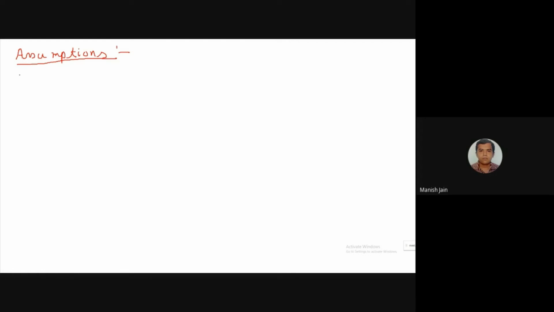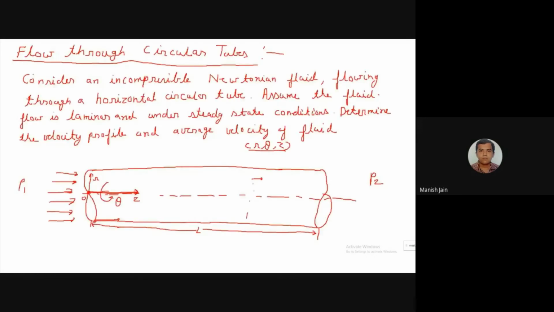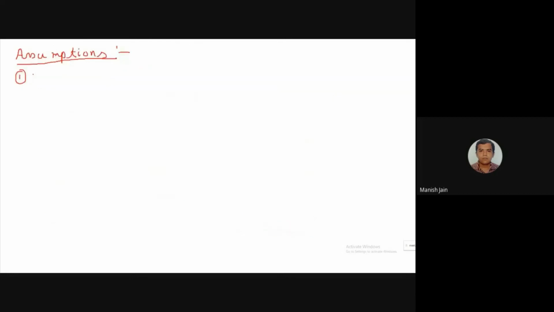So the first assumption, which we will take in solving this problem, is given in the problem only. You have the incompressible fluid, Newtonian fluid. That means incompressible Newtonian means your density and viscosity are constant.